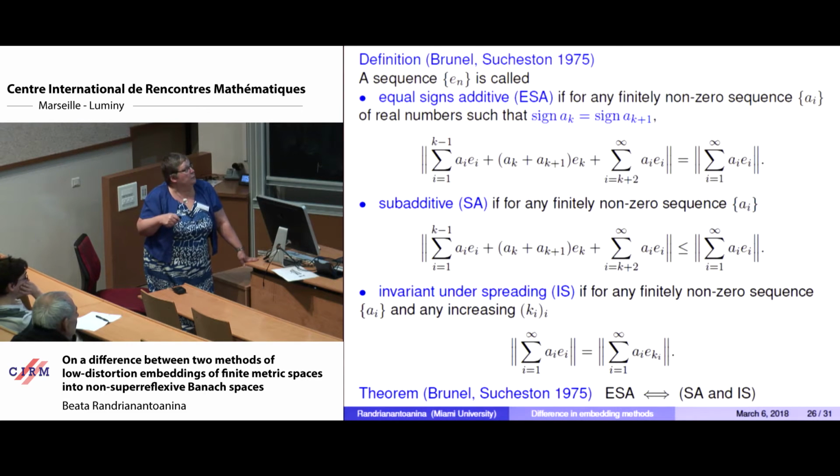So that's probably why they didn't state it with any extra assumption, right? You just make an assumption that when you add two neighboring coordinates, you don't increase the norm. And then you're allowed to spread, and those two are equivalent. All right, so which is a very cute little lemma, actually.